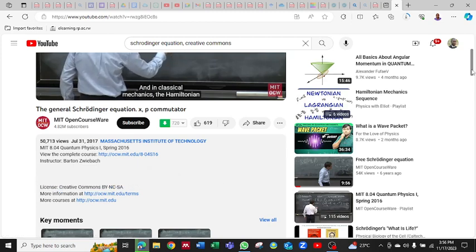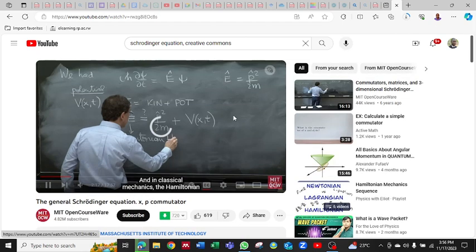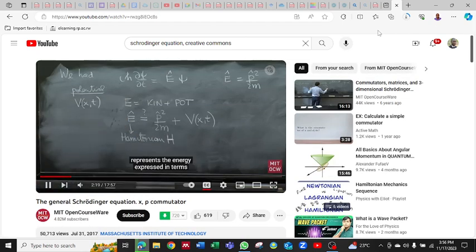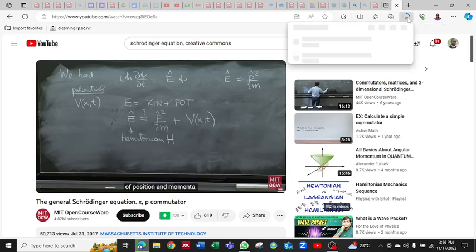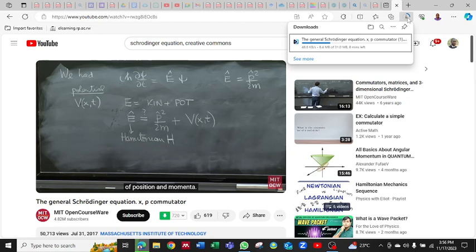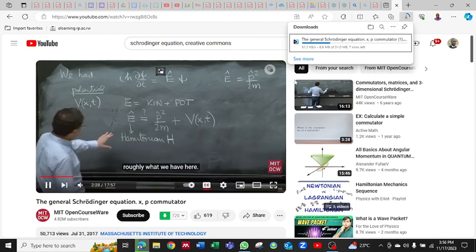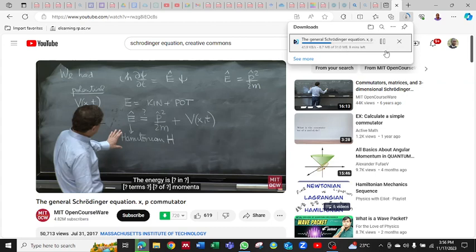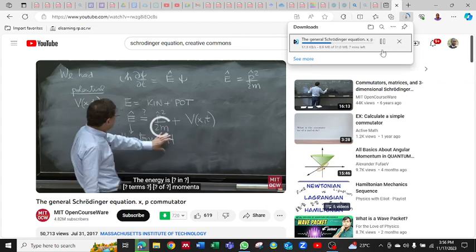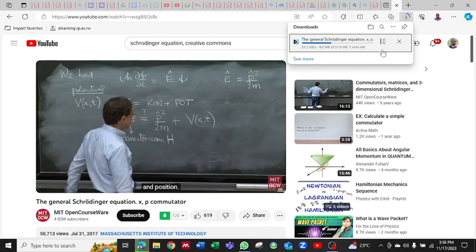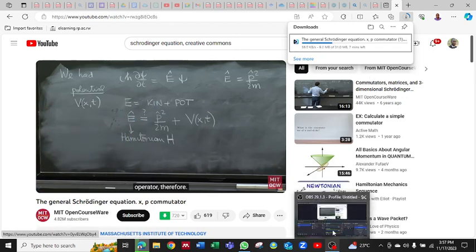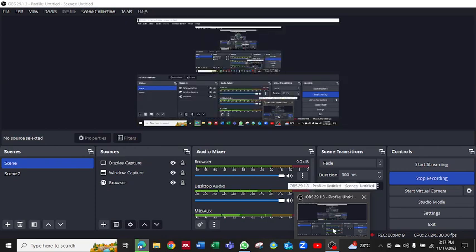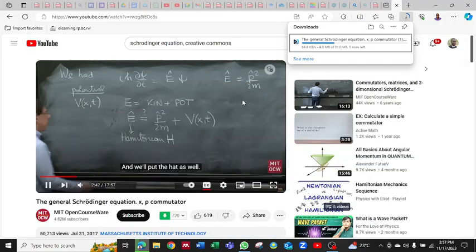In classical mechanics, the Hamiltonian represents the energy expressed in terms of position and momenta. That's roughly what we have here. The energy is expressed in terms of momenta and position. And we're going to soon be getting to the position operator there. So this is going to be the Hamiltonian, and we'll put the hat as well.